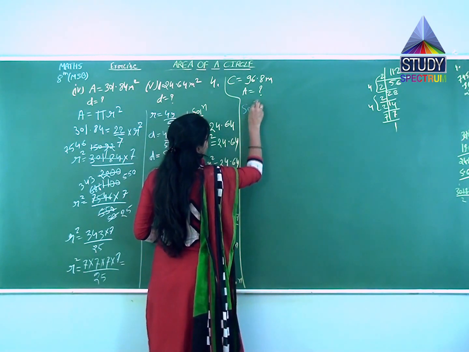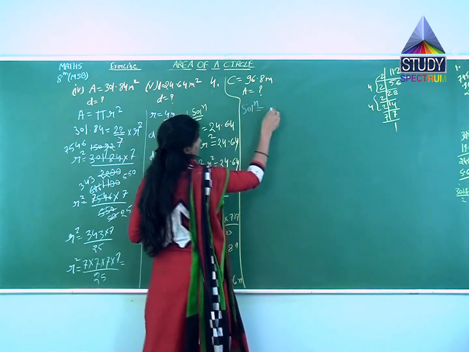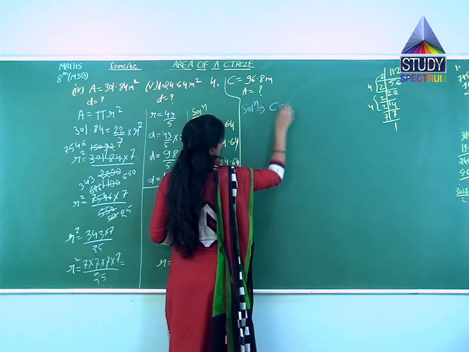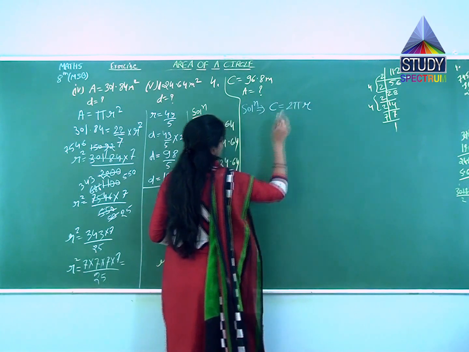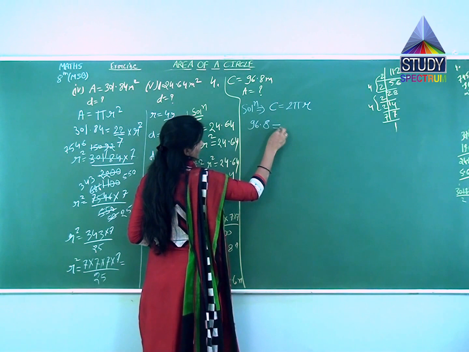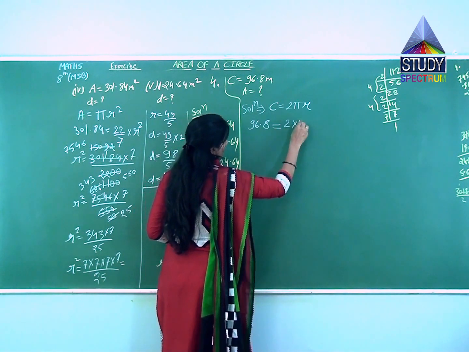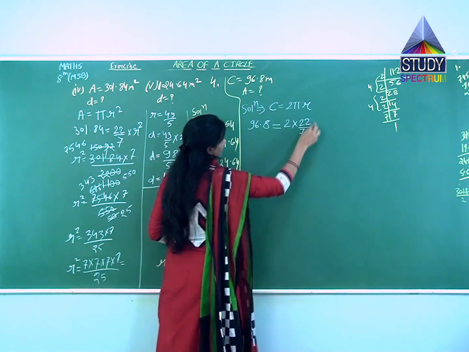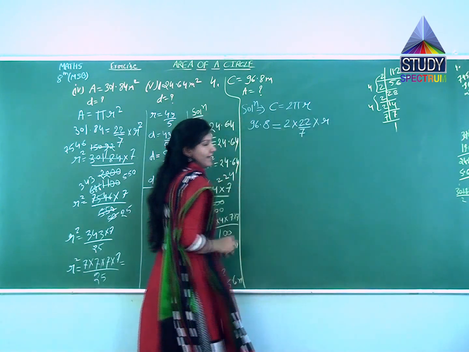Simply apply the formula for circumference, that is equal to 2 pi r. Circumference is 96.8 equals 2, as it is, pi 22 by 7, and r as it is.